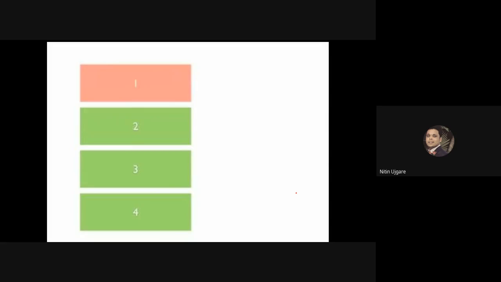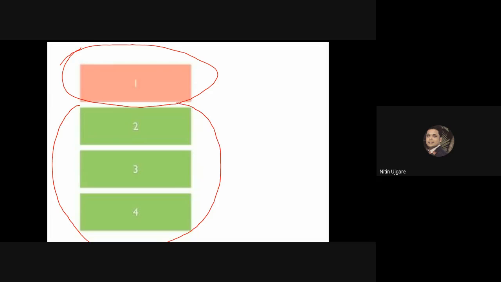As part of the first iteration, I will keep my first fold aside for testing, and the remaining 3 folds, that is the second, third, and fourth fold, I will use for training purposes.